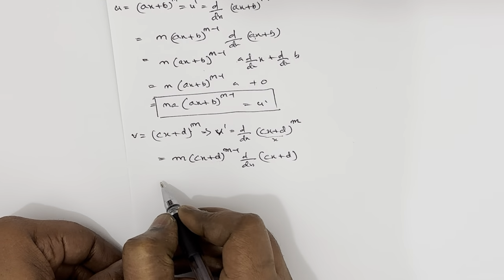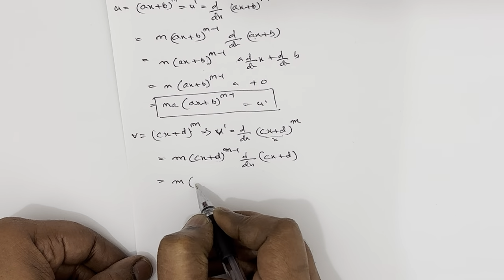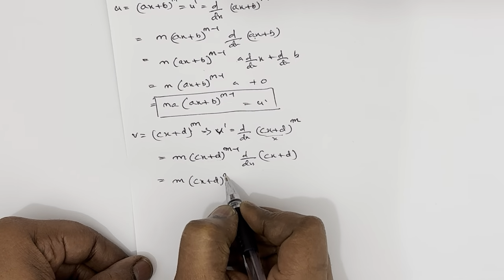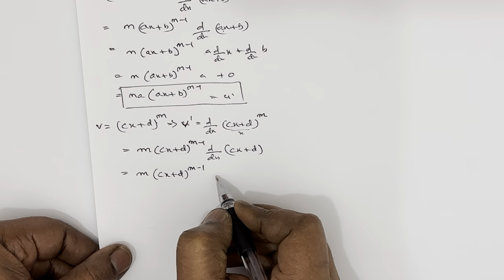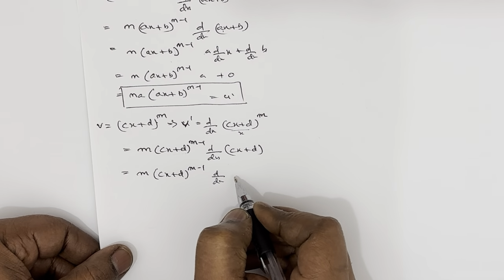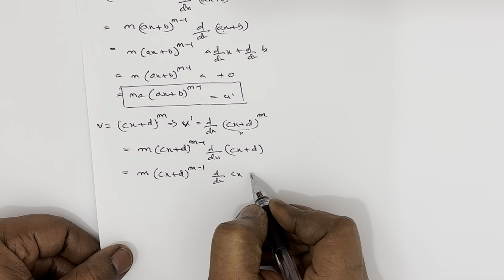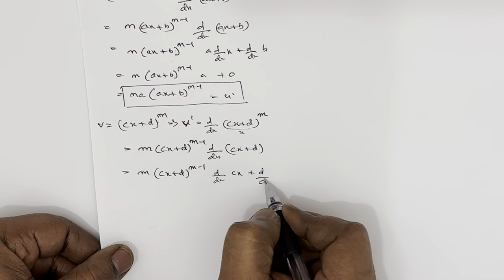Which is equal to m (cx plus d) whole raised to m minus 1, times d by dx of cx plus d by dx of d.